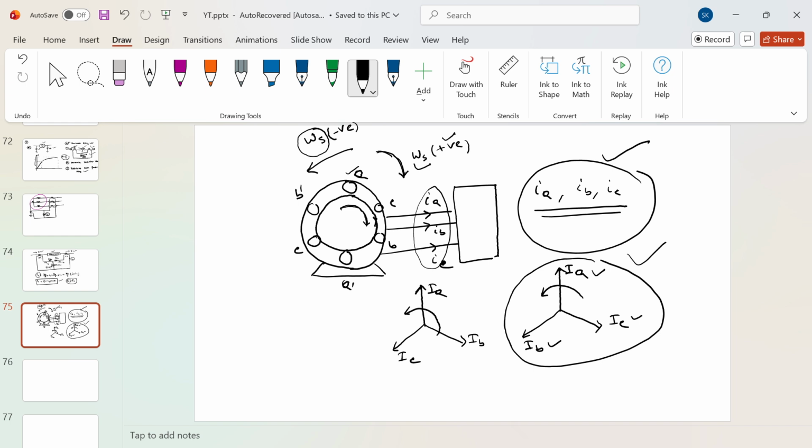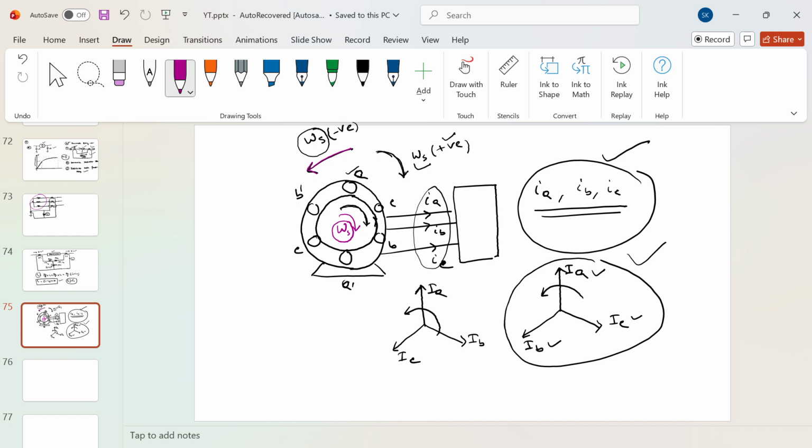My rotor is also rotating in the clockwise direction. So just think from the rotor's point of view: what will be the frequency of the voltage that gets induced in the rotor circuit? The rotor of the synchronous generator rotates at synchronous speed only, so omega s speed is rotating in the clockwise direction, and the negative sequence rotating magnetic field is rotating in the opposite direction.